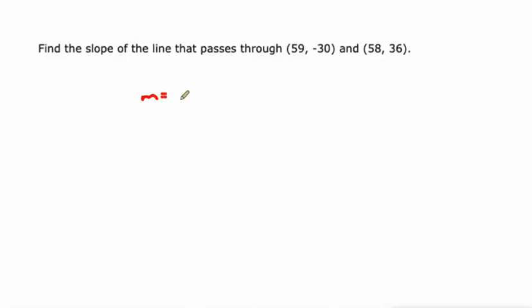Got some positives and some negatives this time. Doesn't really change things. We'll do -30 minus 36. That's our change in y. And then we have 59 minus 58. I think we can handle that math in our head.